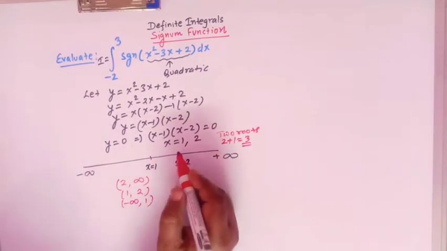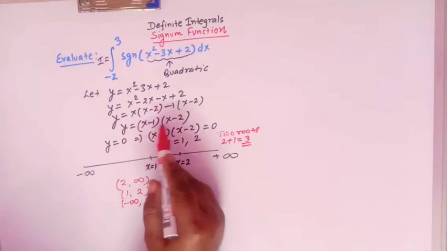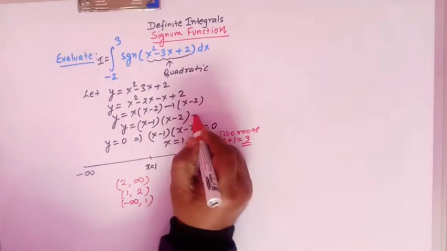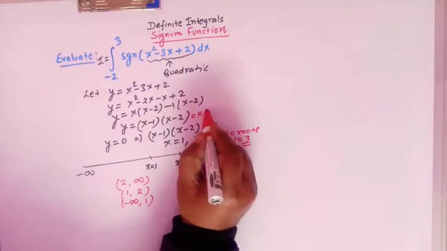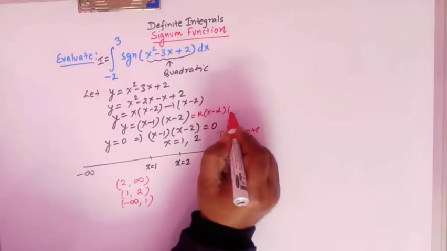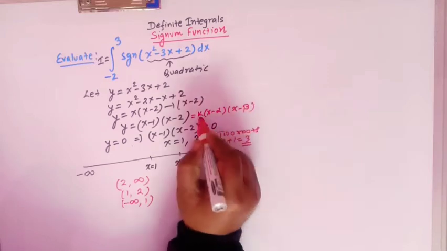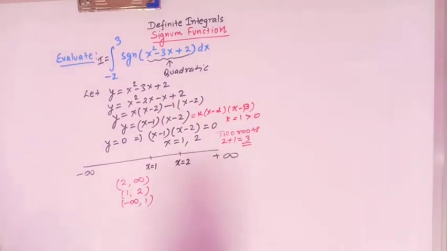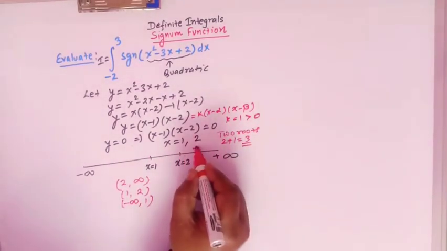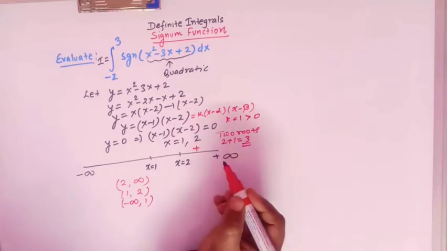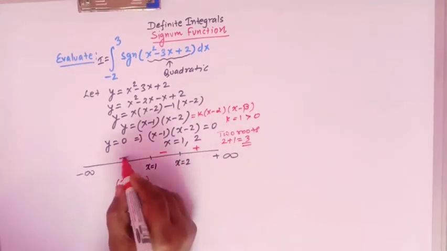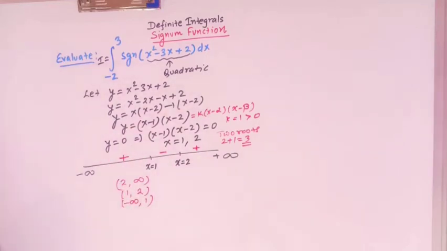And since this function, x minus 1 times x minus 2, is of the form k times x minus alpha times x minus beta, where k is 1, which is greater than 0, that is a positive number, therefore we have to start from the positive sign. So here we have positive, then negative, and then positive.